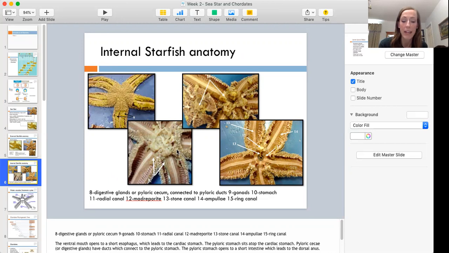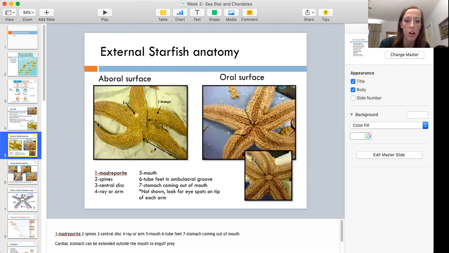Now we're going to look at some internal anatomy. So what we're going to have you do when you come to lab next week is dissect the sea star by at first just cutting the tip off of one of the arms. So you're going to make a cut right here basically, and then you're going to cut up the 2 sides of one arm, so that you can make your way carefully to the central disc.